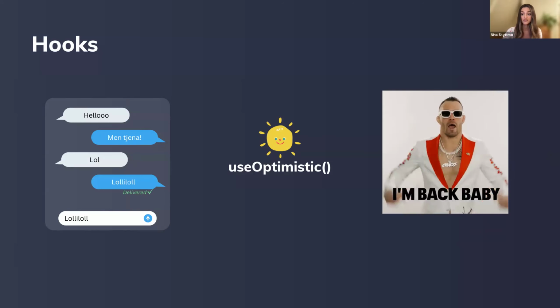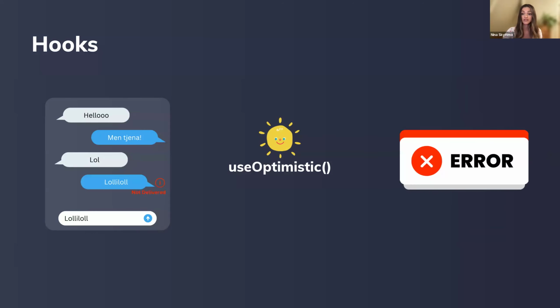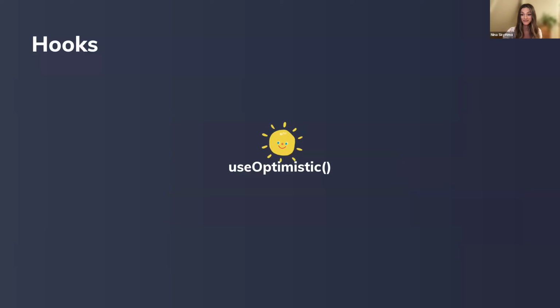Or if not so successful, update your component with the error state if the message fails to send. You can implement optimistic updates in current React by manually managing state transitions and error handling. But this new hook will make this process simpler, since the hook helps manage optimistic state transitions, which will result in less boilerplate code and complexity in setting up these interactions.